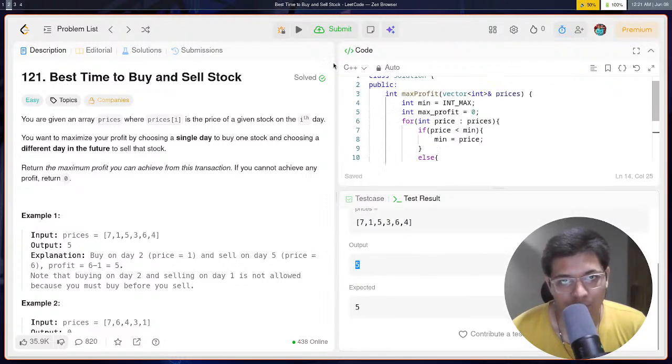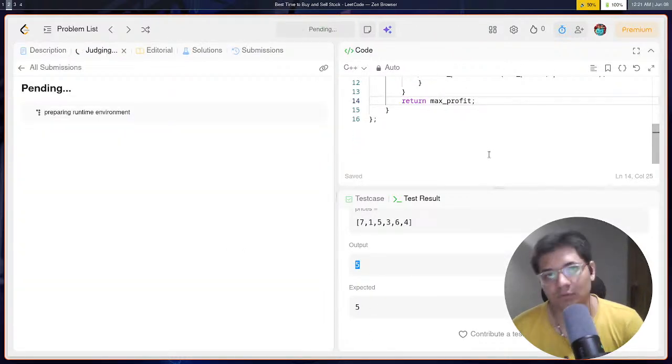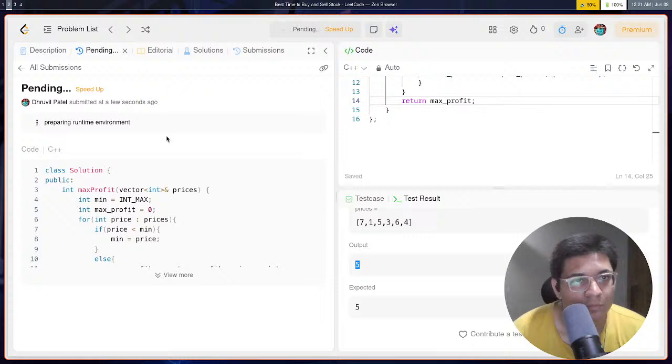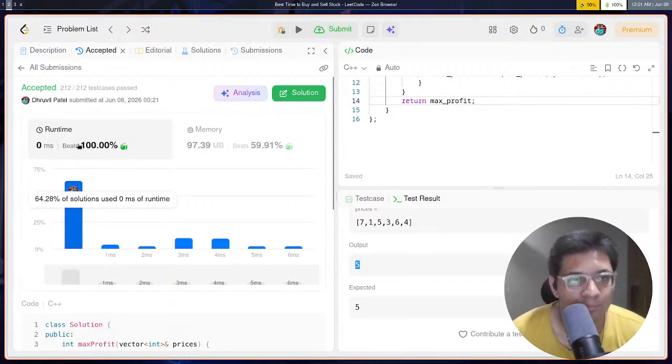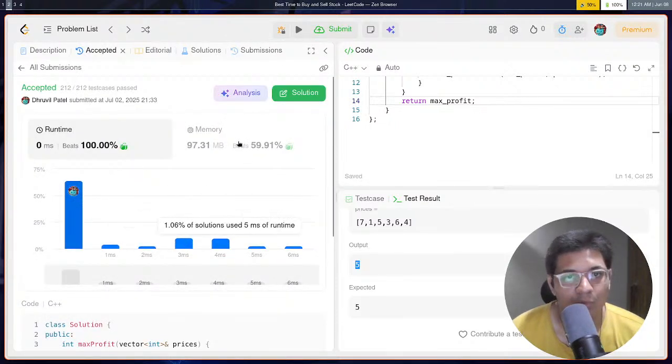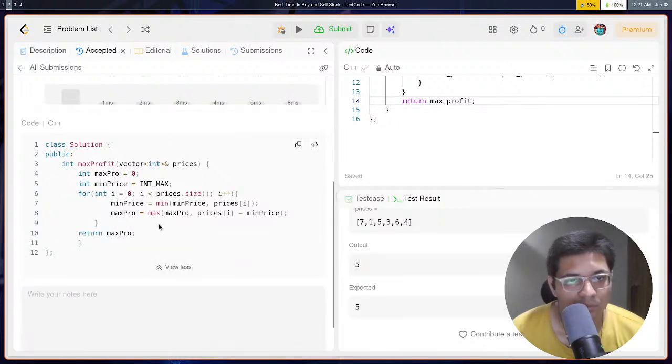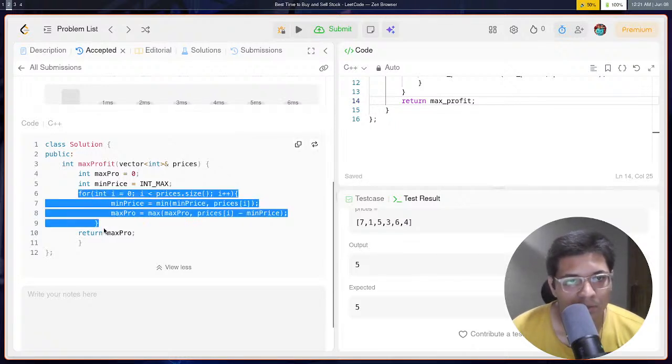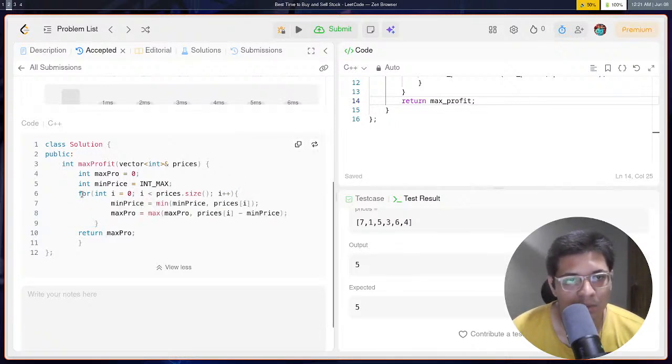Yeah, we got it right first, and it's 100%. I have already made a submission before. Let's check that code also. This is happening in big O of n.